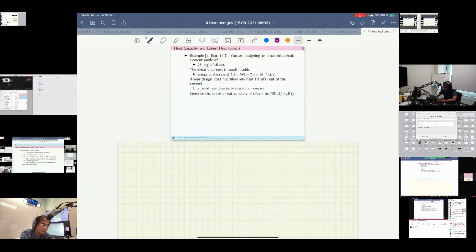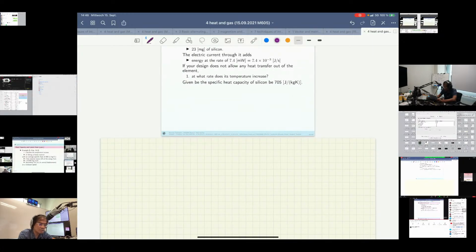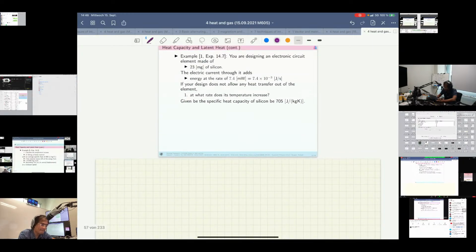We would start from the basic formula, the heat capacity, Q = MC delta T. And if you divide the whole equation by the small t, this is the observation period.